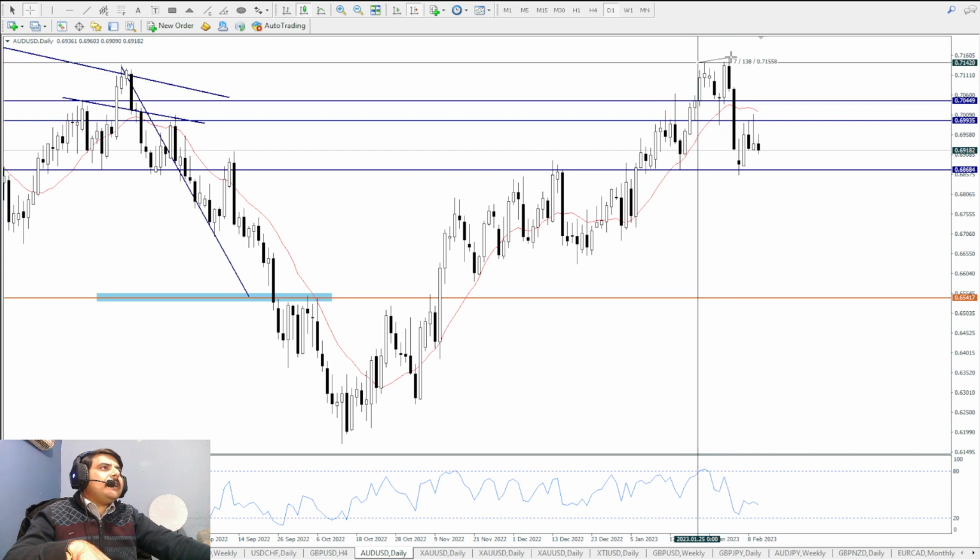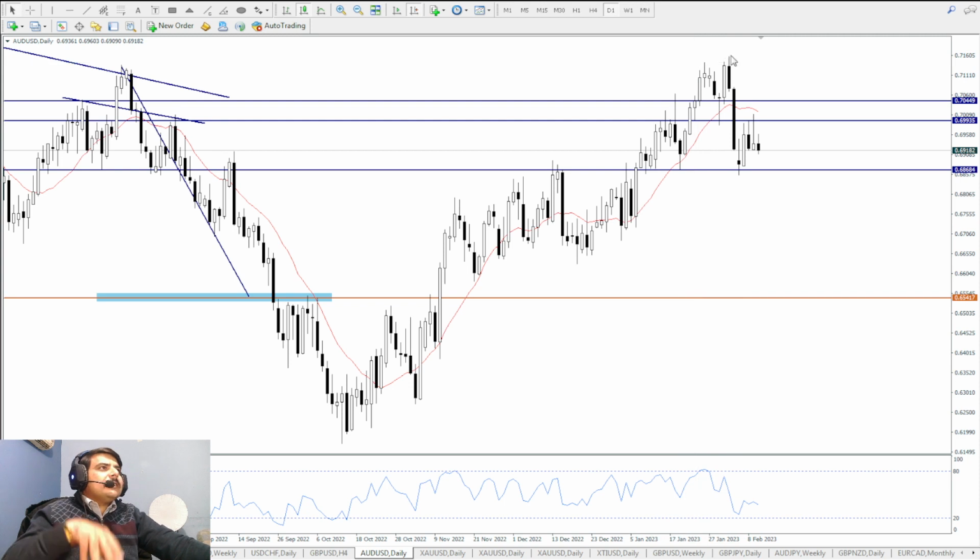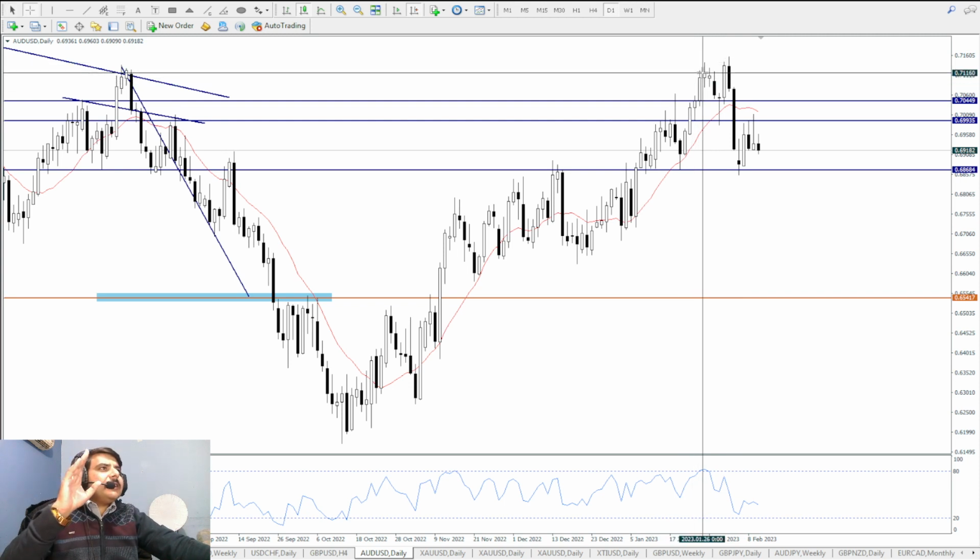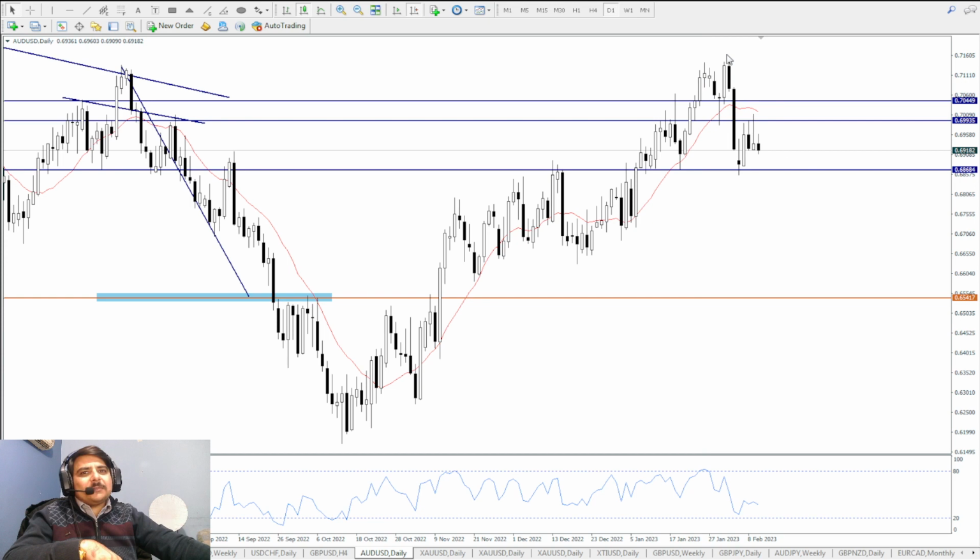By just 20 pips, I took a sell trade from here, and what happened was it gave nice profit. It dropped 251 pips, but I gave 20 pips from my pocket.